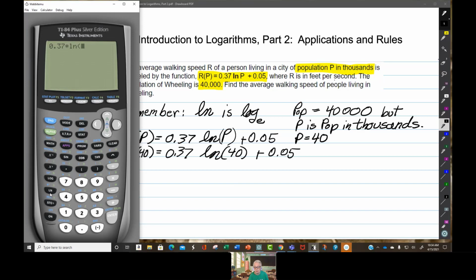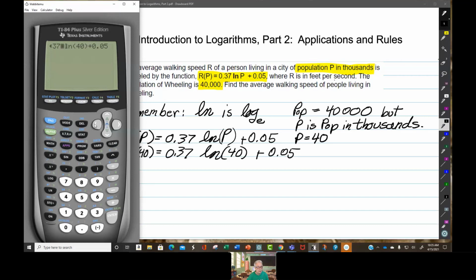So ln 40, close the parentheses, or the calculator won't understand what you're trying to say and will probably give you the wrong answer. Plus 0.05. So there we go.